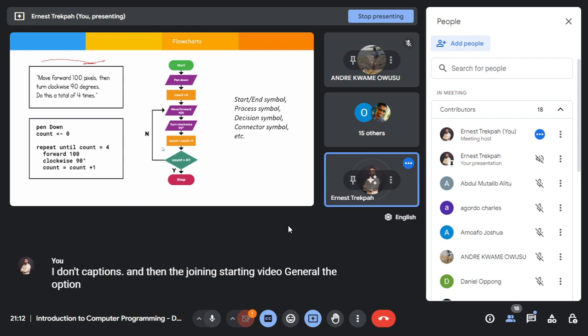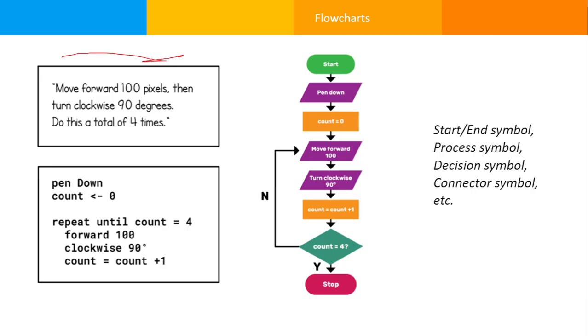Okay, so let's continue. So this is what a pseudocode is. Now let's look at how this pseudocode is represented using the flowchart. We said that the oval shape is used to indicate the starting point of the algorithm, right?